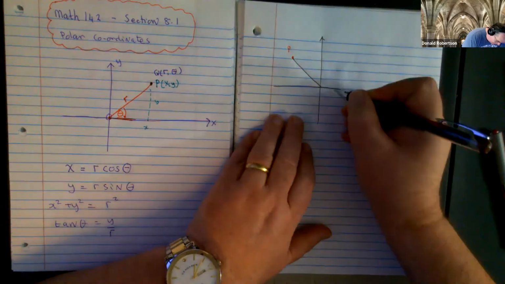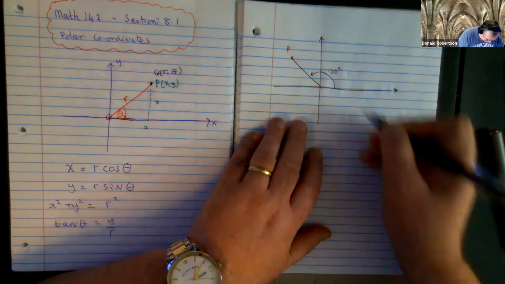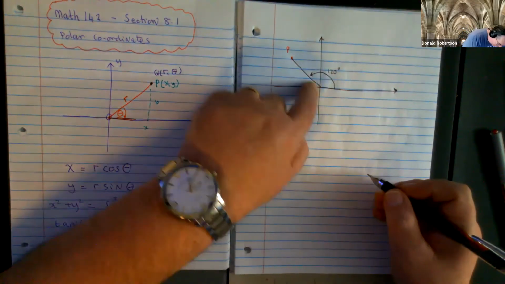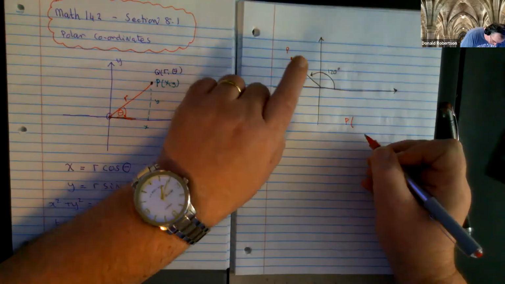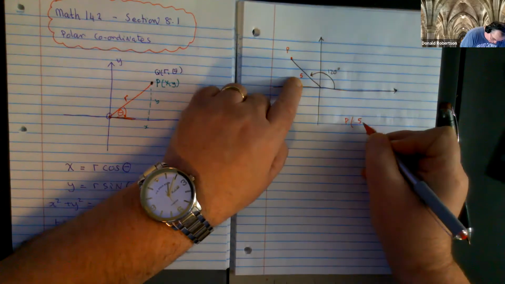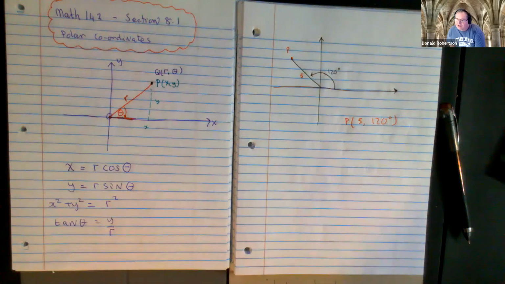That angle there could be 120 degrees, and the distance from here to here could be 5 units. So if I wanted to tell you the coordinates in polar form, I'd say 5, 120 degrees. Would that make sense to you?